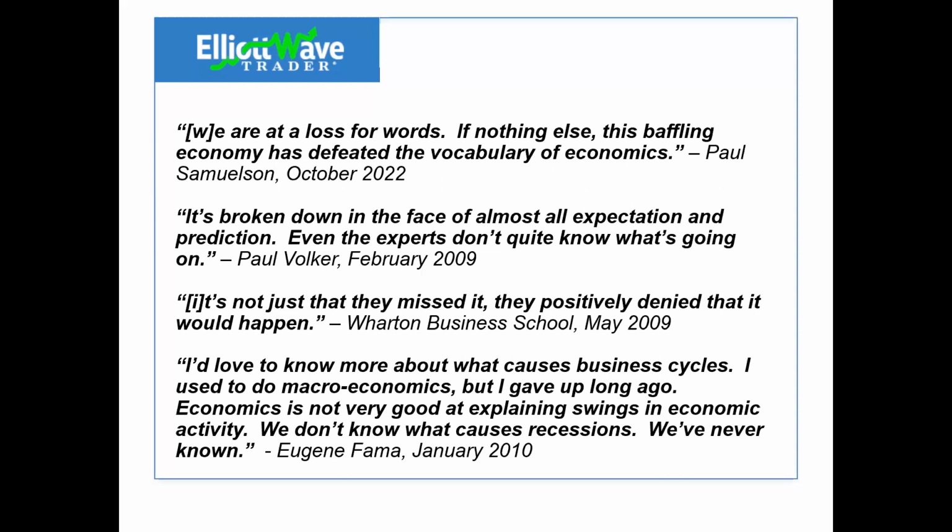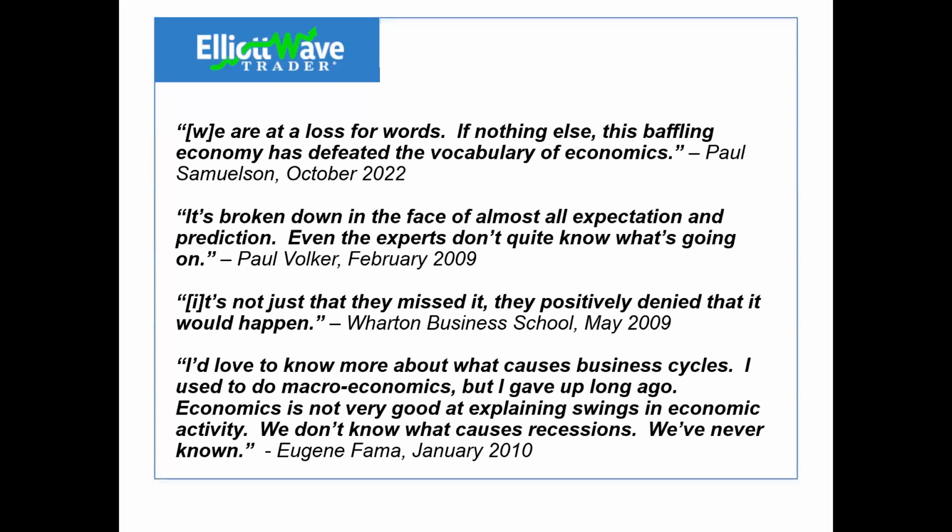Elliott understood that financial markets provide us with a representation of overall mood or psychology of the masses. And he also understood that markets are fractal in nature. That means they're variably self-similar at different degrees of trend. And I'll show you what that means in a minute.